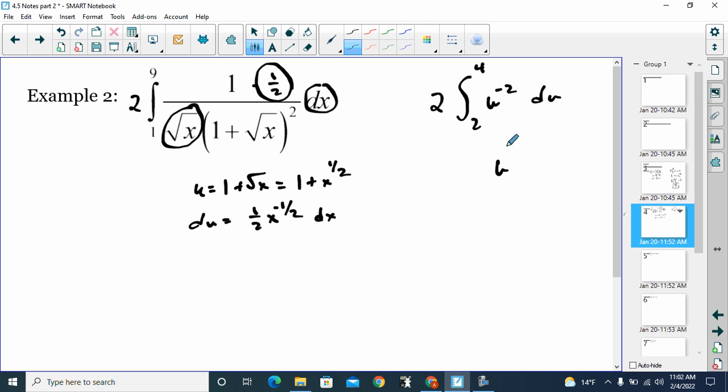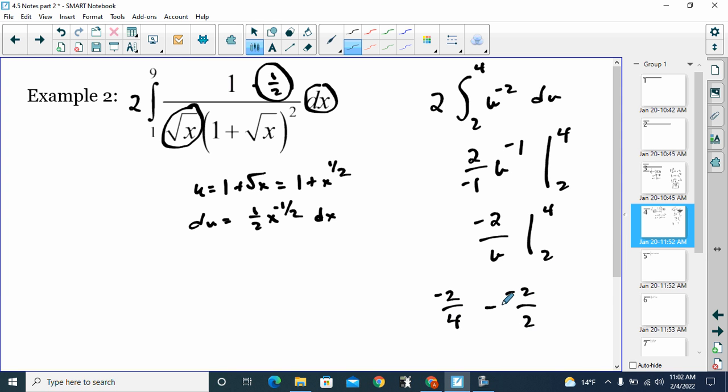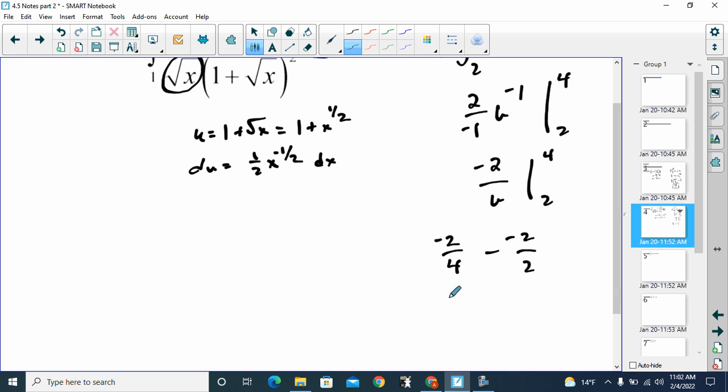So integrate. So I get negative 2 over u, evaluated from 2 to 4. Plug in 4. Plug in 2. Subtract. So I get negative 1/2 plus 1, which is 1/2.